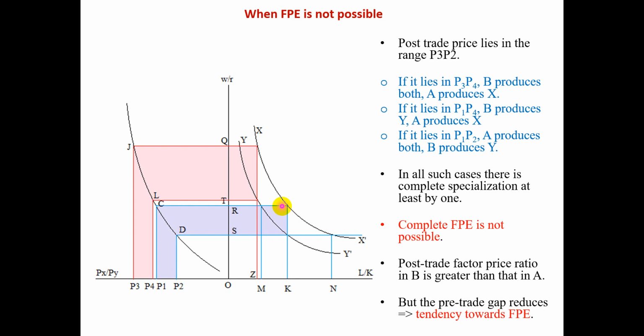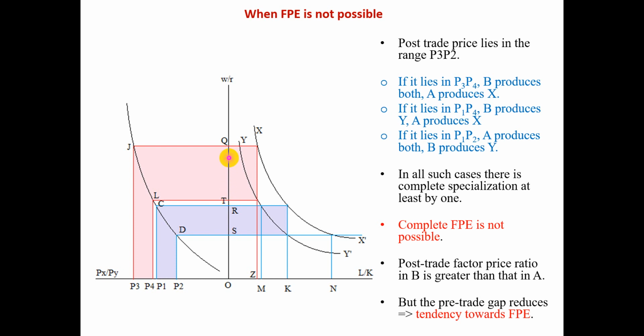So the post-trade factor price ratio in B will be lying somewhere here, and the post-trade factor price ratio in country A will be lying somewhere here. So still, even after free trade, the factor price ratio in country B will be higher than the factor price ratio in country A, but of course the pre-trade gap will be reducing to some extent.